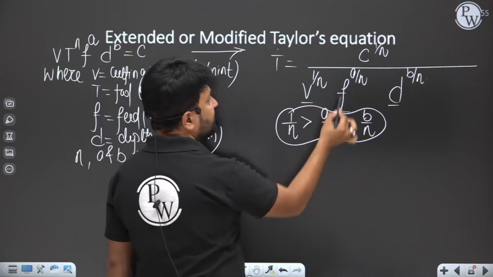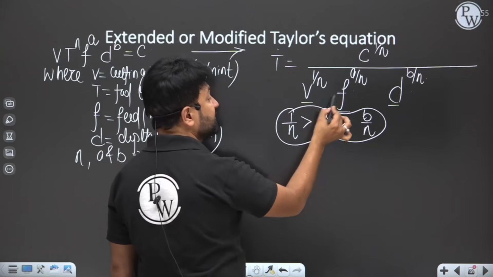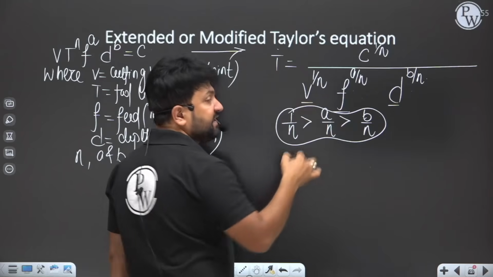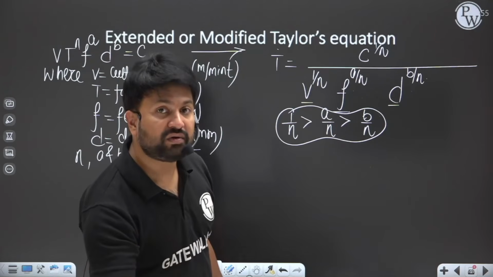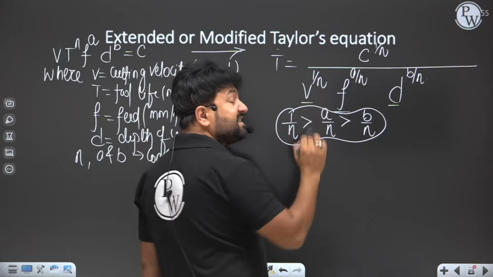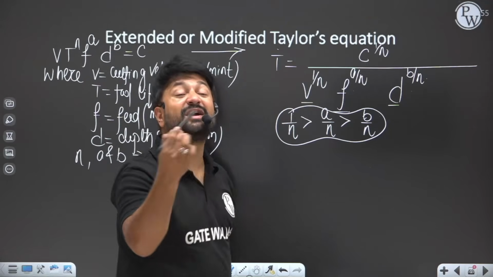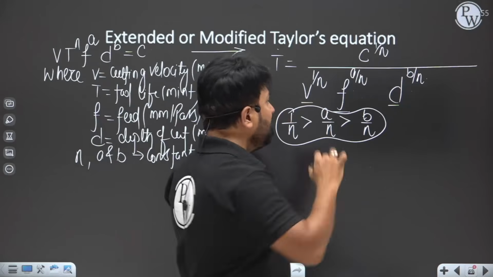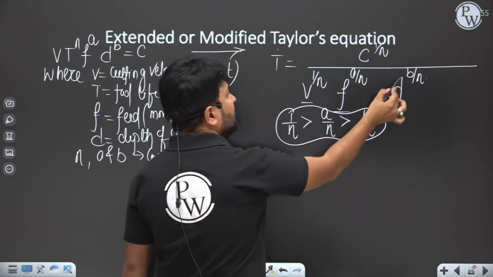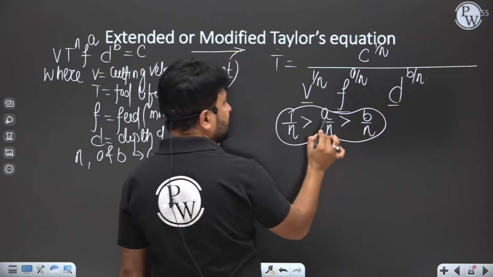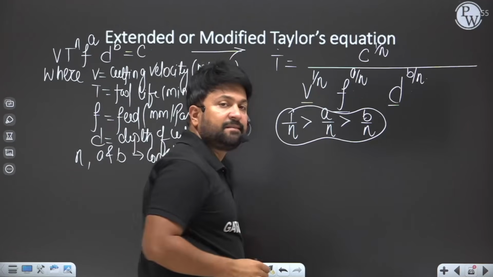Now, a by n is the power of feed. It means the power is less. If you change the feed by the same amount, there will be less change in tool life compared to cutting velocity. Similarly, b by n is the power of depth of cut, and b by n is less than a by n.